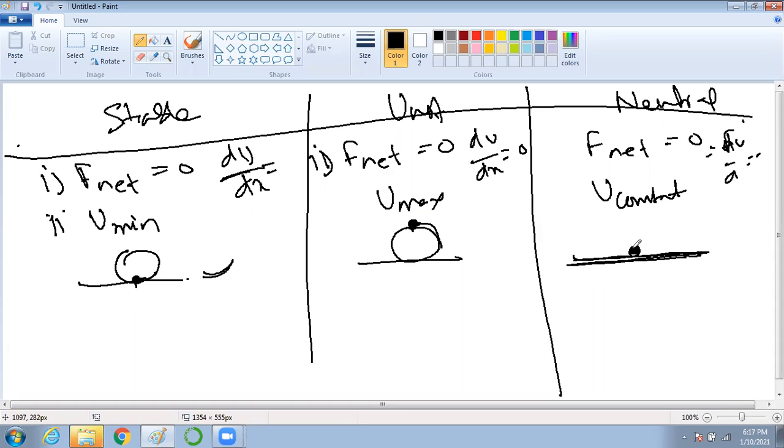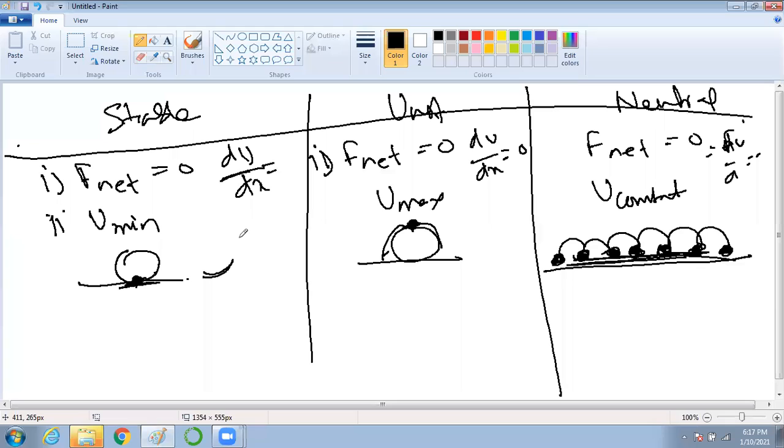But even if you change the object here or here or here, equilibrium still exists. That means potential energy is not changed even if the object goes to the new position; the potential energy will remain constant. But here, the potential is minimum only here, not here. The moment you displace it, it will fall down. It will not remain there.